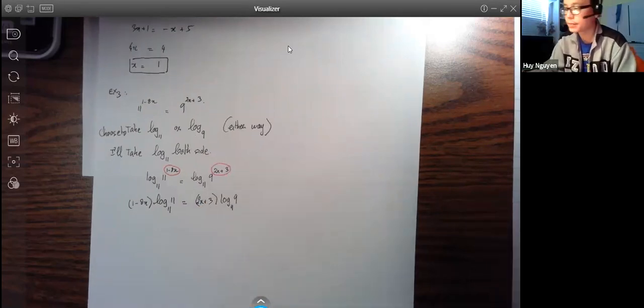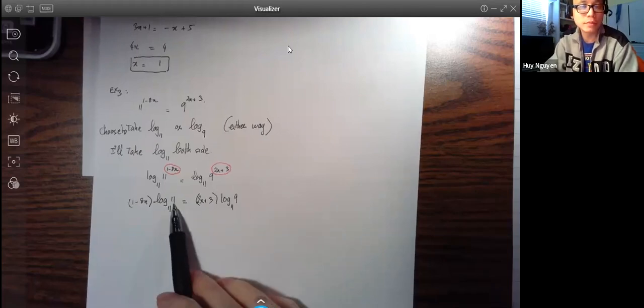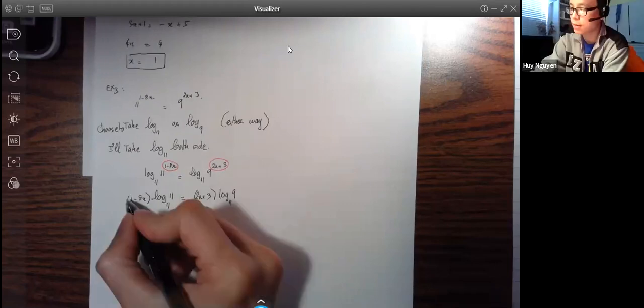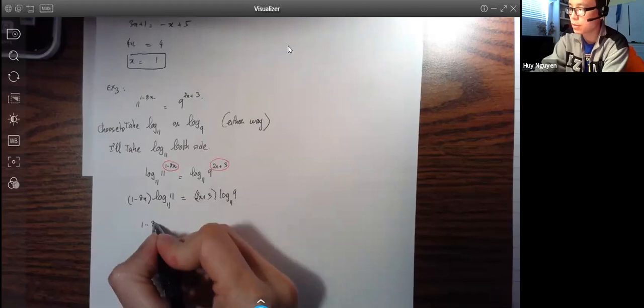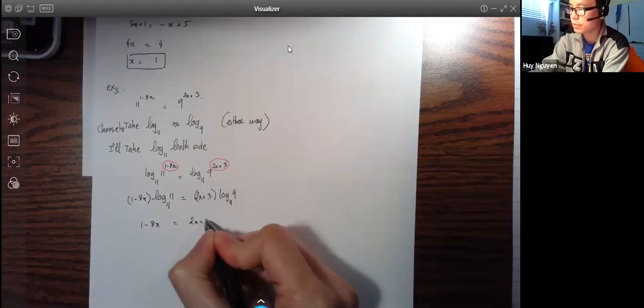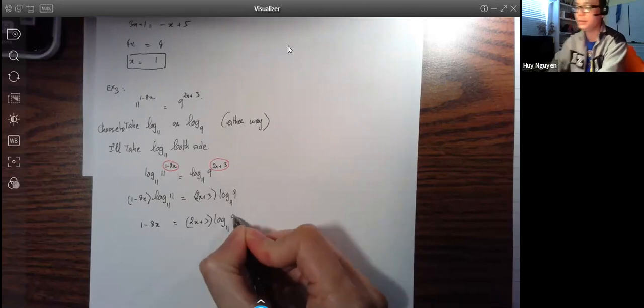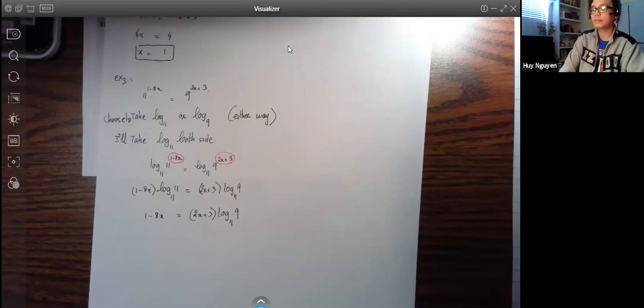All right. Log base 11 of 11 gives you 1, and 1 times this is itself. So 1 minus 8x equals 2x plus 3 times log base 11 of 9.